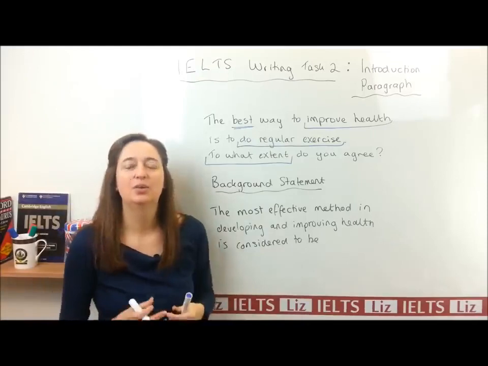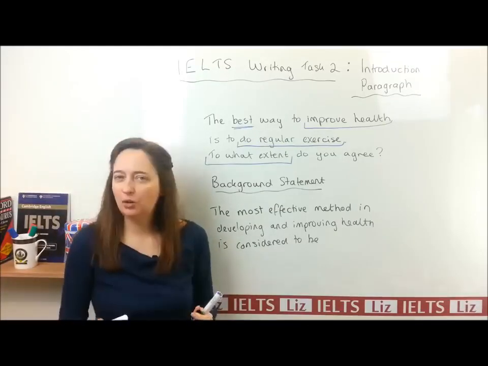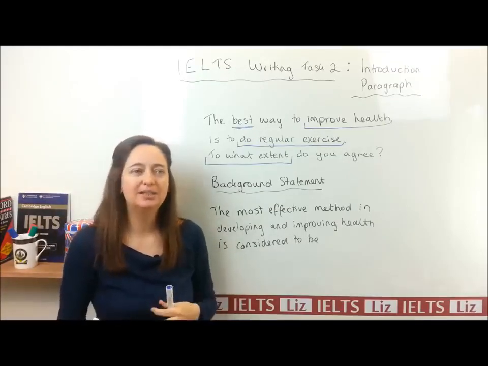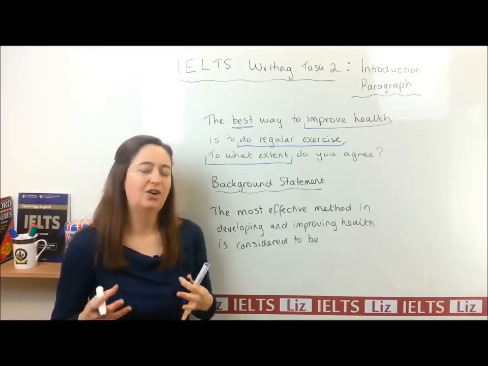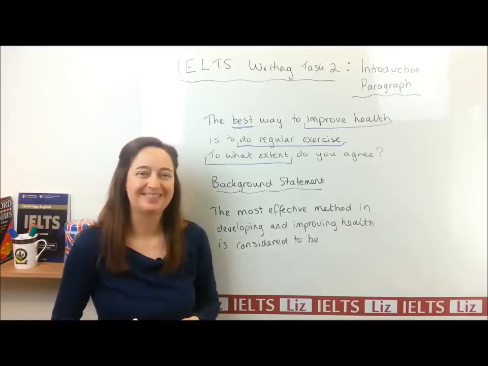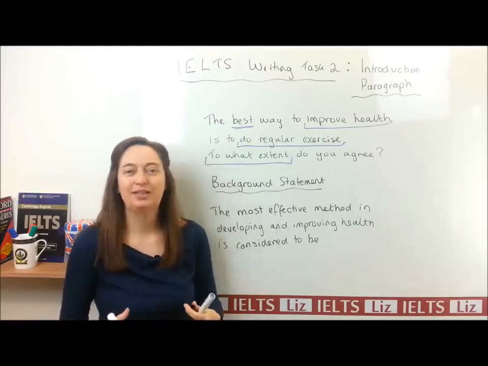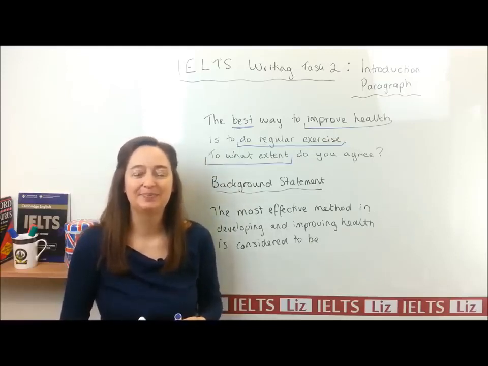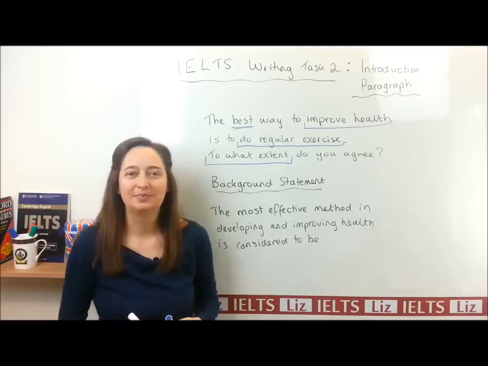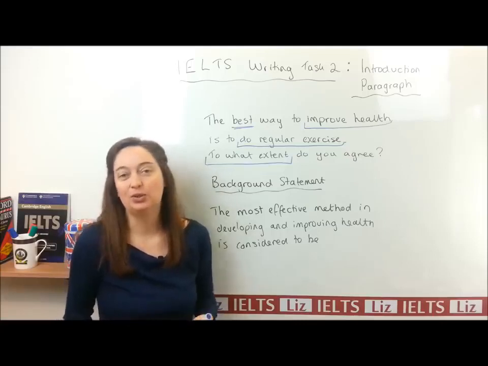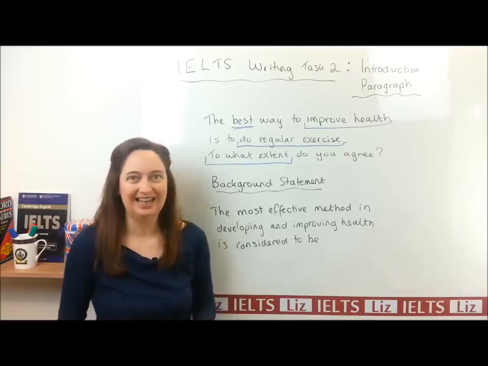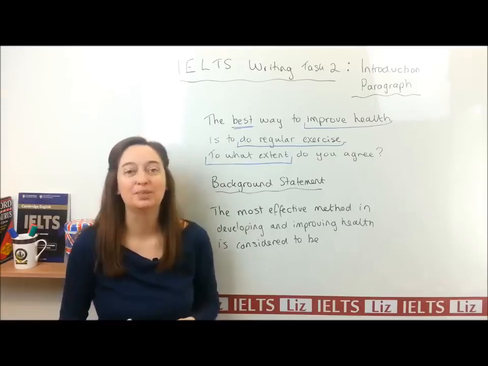Now exercise I want to keep. I don't want to use sport because sport and exercise are not really the same thing. Sport is a game. Often it involves a team. It involves equipment. Exercise is something you can do on your own. It's not a game. It's just some movements.